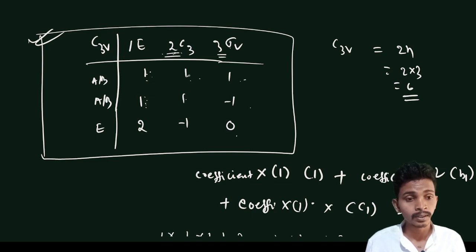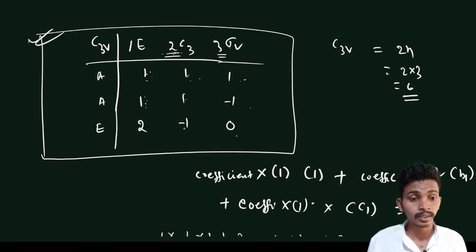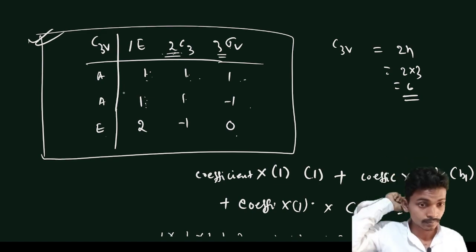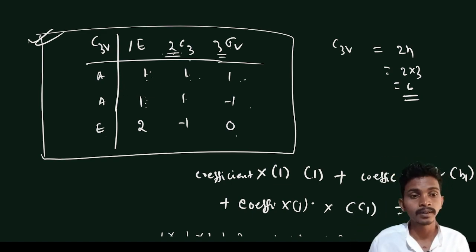If it is 1, then this is A, and this is A, and for minus 1 this is A. Next, if the subsidiary axis is not there, then we will look at the plane. So here sigma v is there, and this is 1, then this is 2, then this is 2.